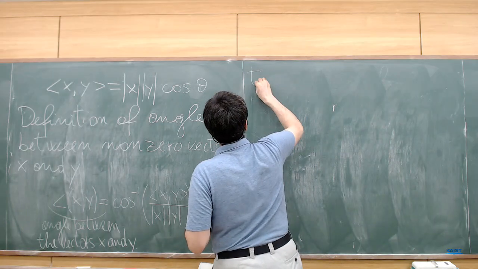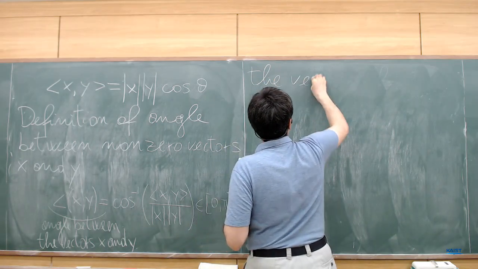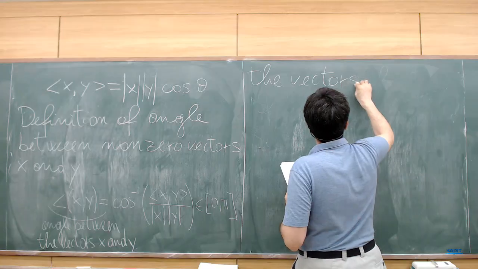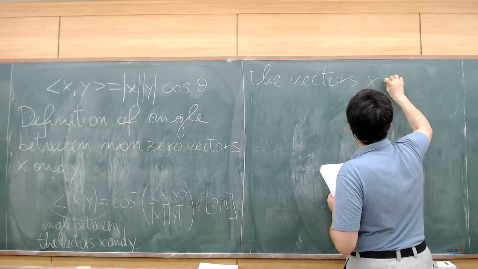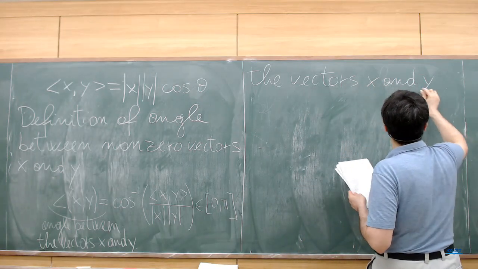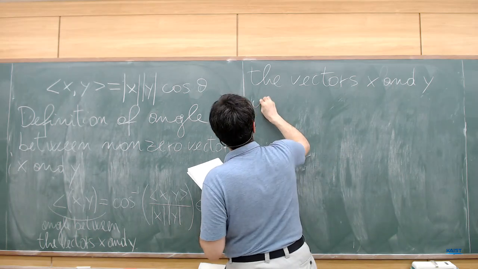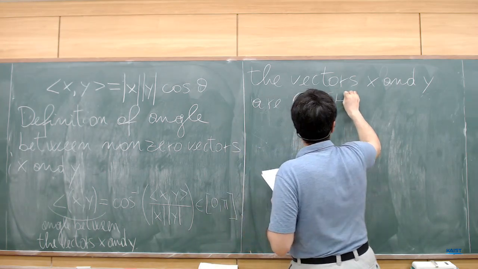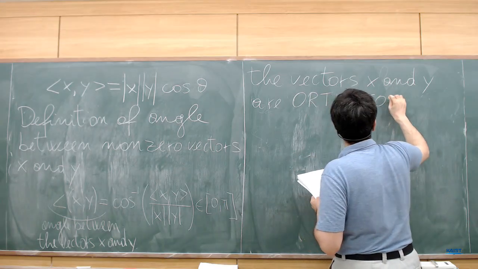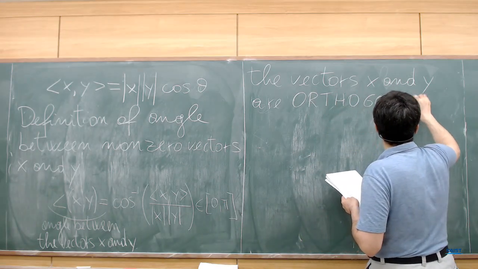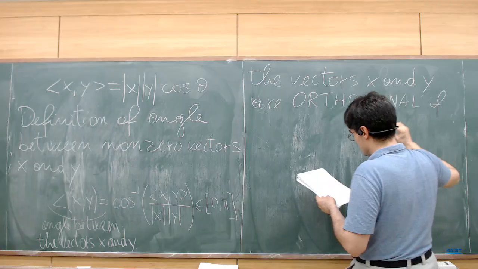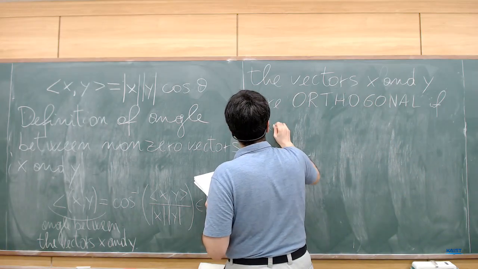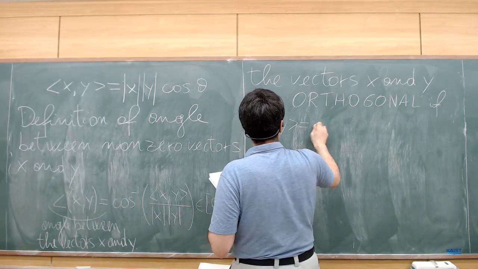The vectors x and y are orthogonal if the inner product is 0.